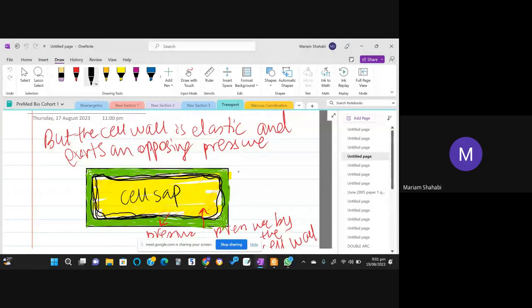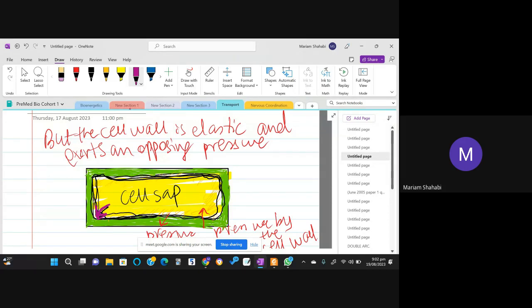Now the plant cell wall is very elastic, right? When the cell sap and the vacuole push against it, a pressure is being exerted on the cell wall.